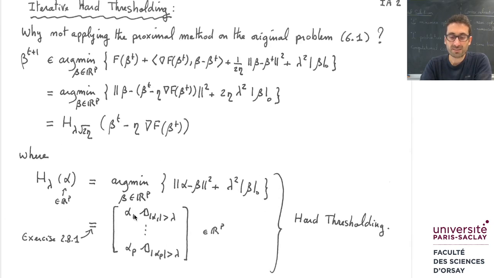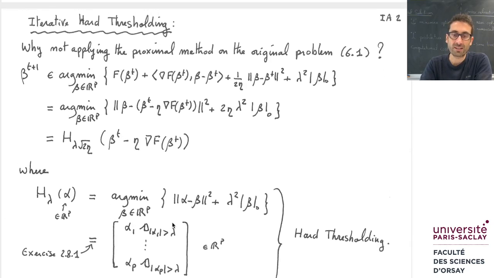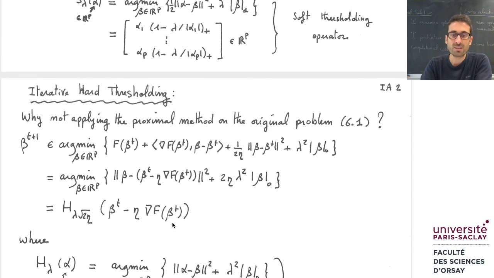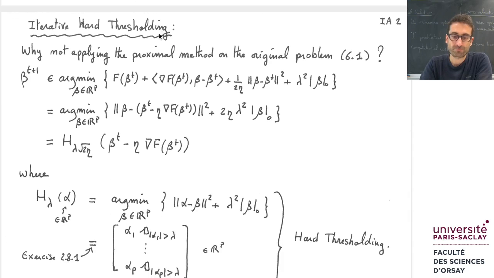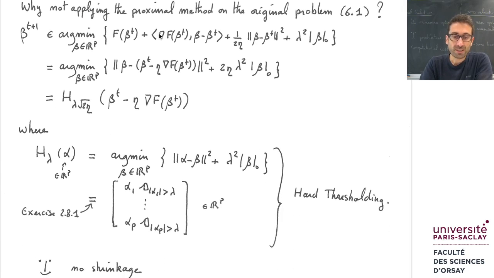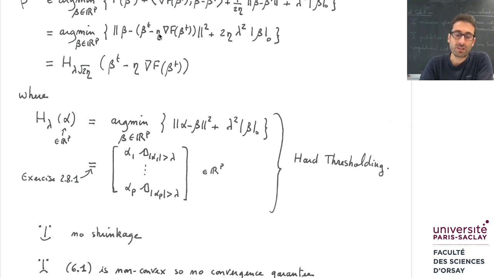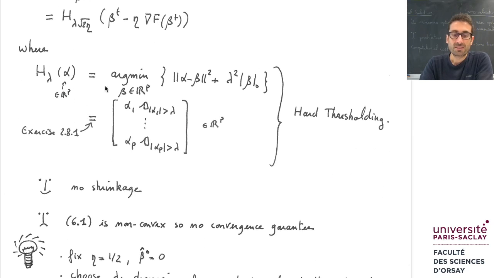When alpha 1 has an absolute value larger than lambda, it will not shrink the value, while soft thresholding is shrinking the value. So this is the main difference. So if we compare to a proximal method for the lasso, we have the nice feature that there is no shrinkage. So we will not have this shrinkage bias that we observe when we compute the lasso estimator.